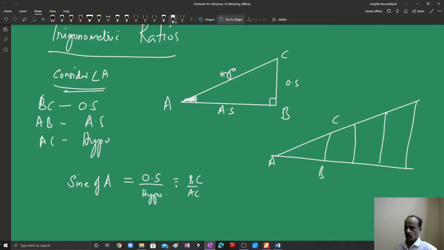Remember it as opposite side by hypotenuse. We call it sine of angle A. In short, this is written as sin, and please be careful, it is pronounced sine A.